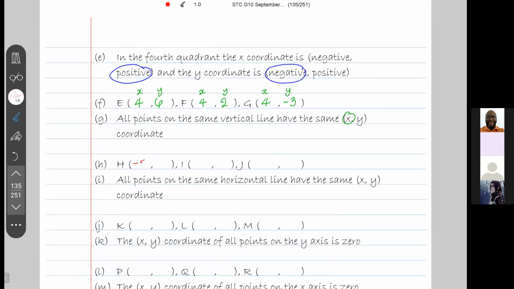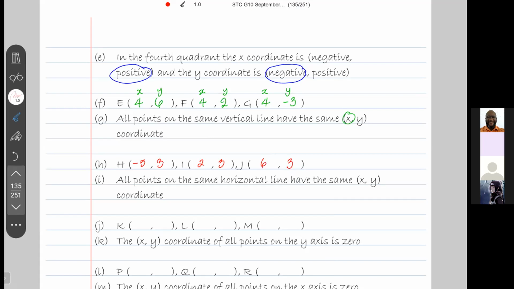Very good. I, Anaya. 2, 3. J, Janelle. 6, 3. 6, 3.